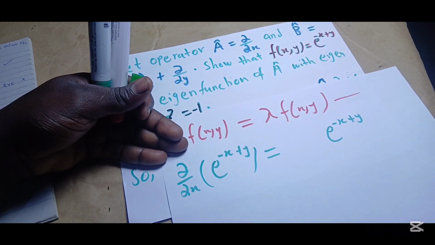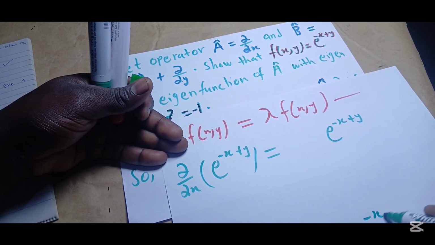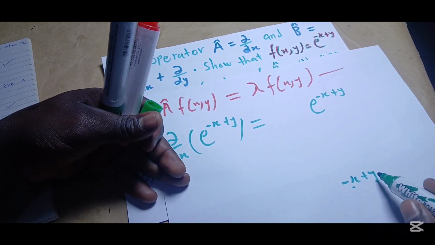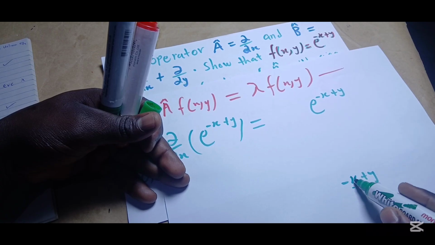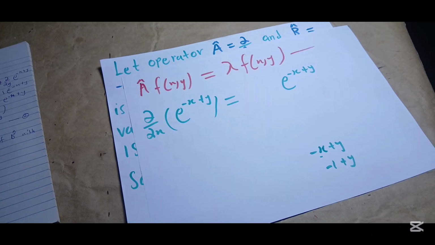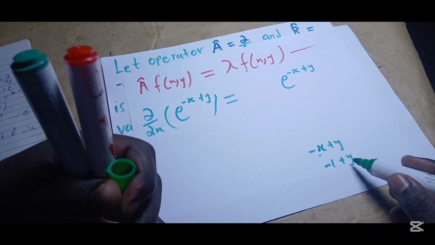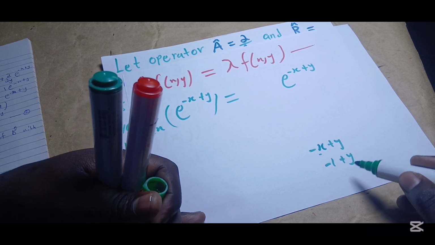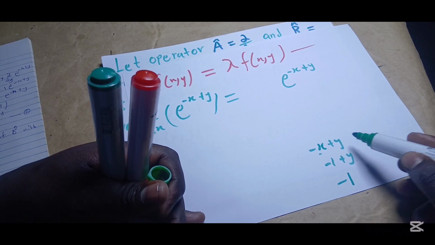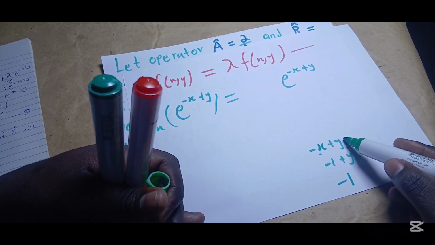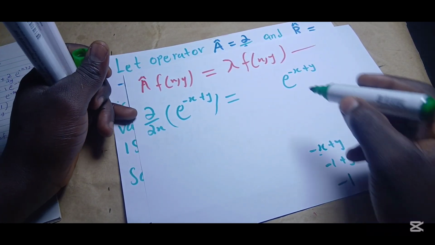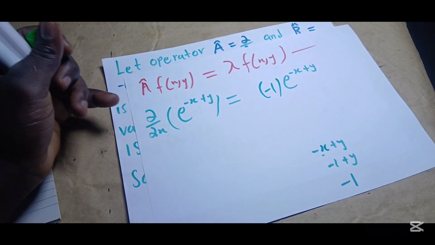Differentiating minus x plus y with respect to x, we only differentiate the x term, leaving y. Differentiating minus x gives -1, and since we are not concerned with y, the y term goes to 0. So we multiply this whole term by -1.